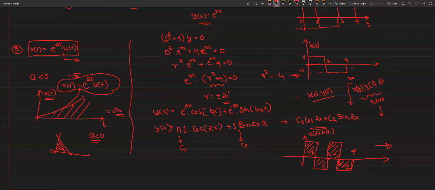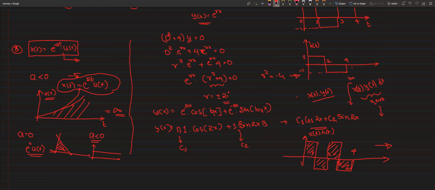If a equals 0, does it exist? It is e power 0 into u of t, which is 1 into u of t.